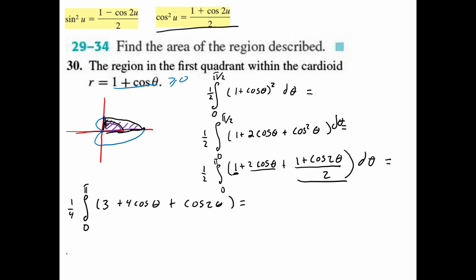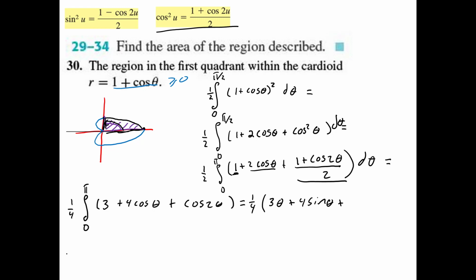Now we can find the antiderivative, no problem. We have the quarter. The antiderivative of 3 is 3 theta. The antiderivative of the cosine of theta is the sine of theta, so 4 sine of theta. And rather than doing a u substitution, we're going to do this one in our head.